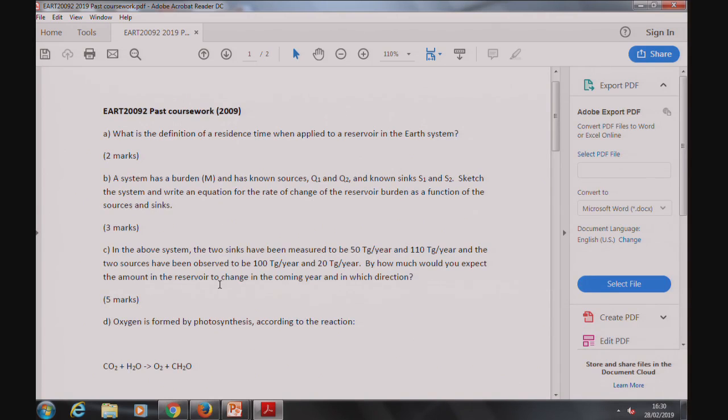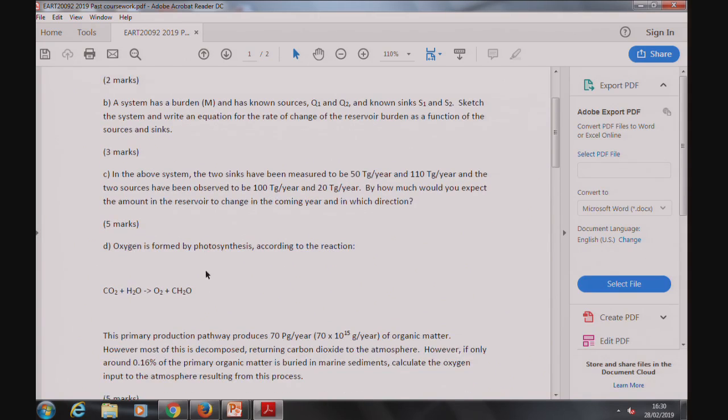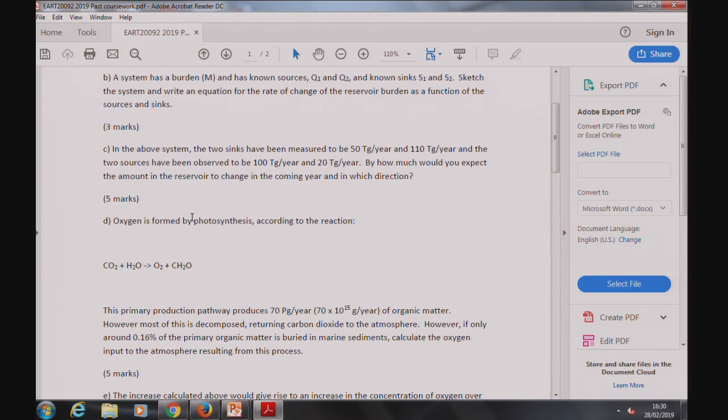So part D now. This one is a bit confusing. Oxygen is formed by photosynthesis according to this reaction. But do remember the CH2O is not the actual formula for biomass.